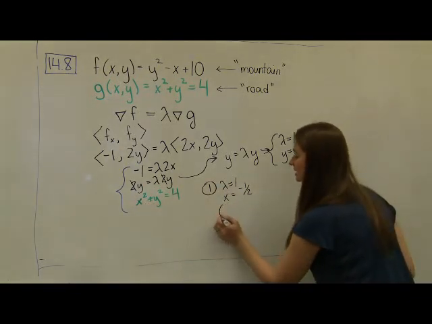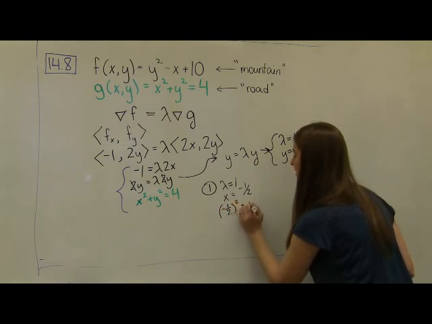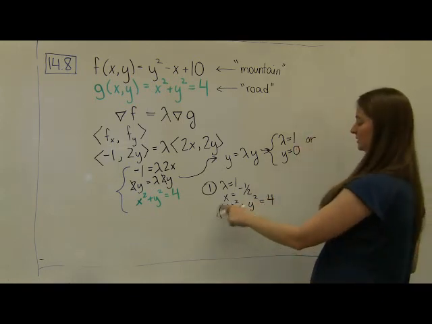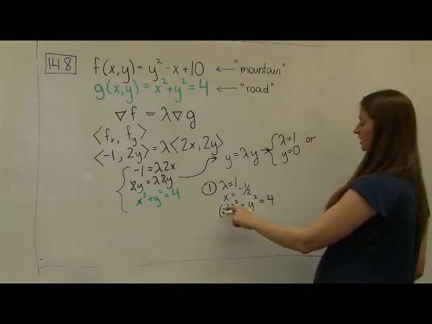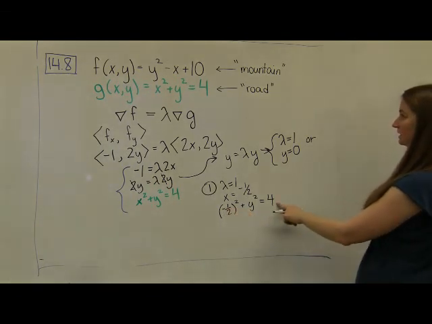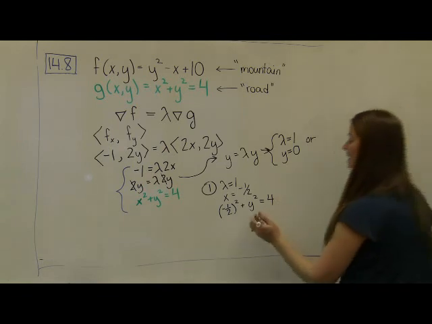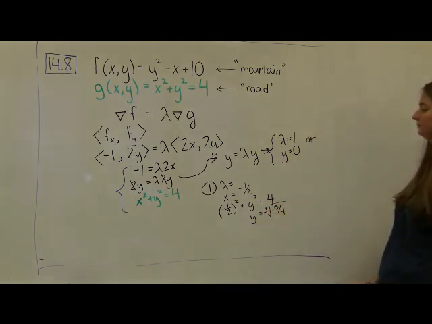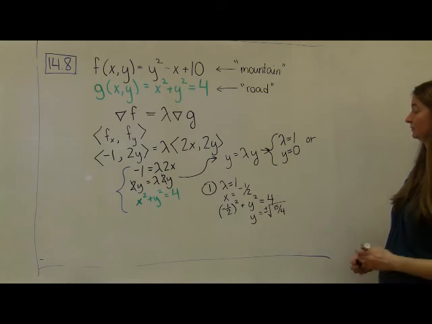That means that in this case, (-1/2) squared plus y squared equals 4, so this becomes 1/4. So this becomes 4 minus 1/4, which is 15/4. And that means y would be equal to plus or minus the square root of 15/4. And that's one possible solution.